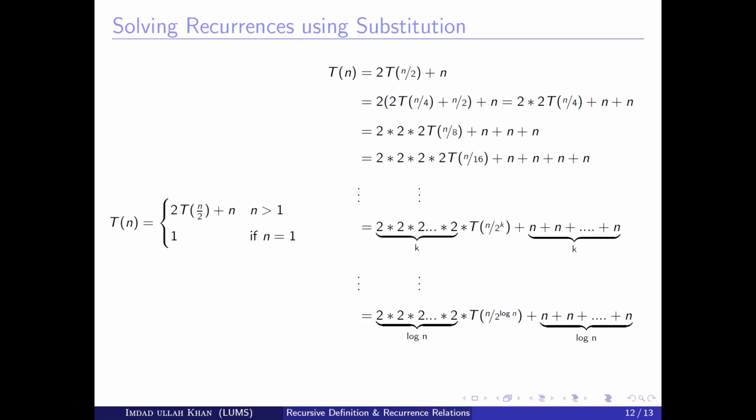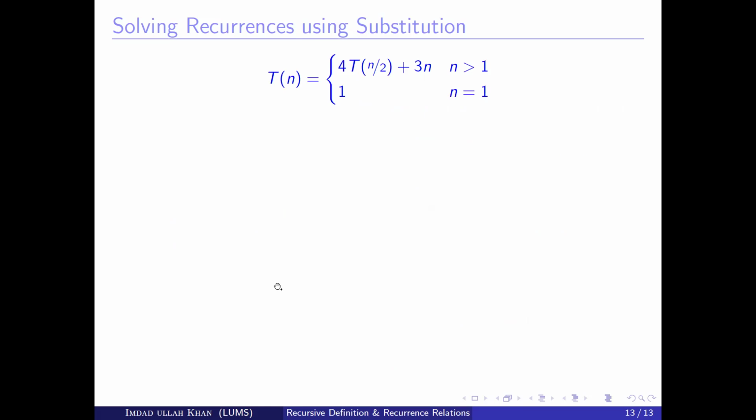After log n steps, because log n computes the number of vertical steps which will land us from n to 1, n has been added log n times, which will give us n times log n, and 2 has been multiplied with itself log n times. So this whole expression will evolve into 2 to the power log n. 2 to the power log n is n, and that will give us the closed form of the whole expression.